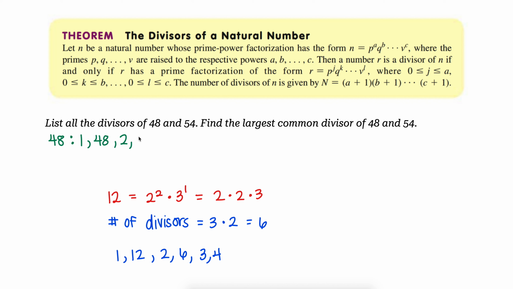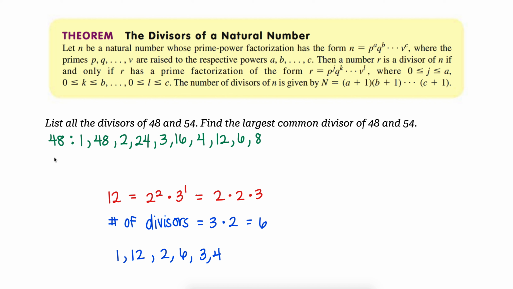It's also 2 times 24. Also 3 times 16. 4 and 12. 5 does not go into 48. 6 does. 6 times 8. So there are all of the divisors of 48.